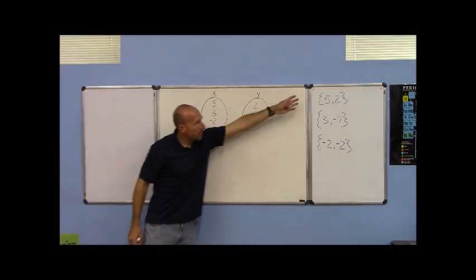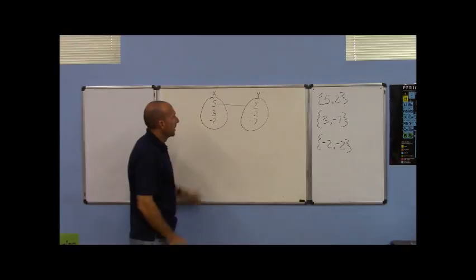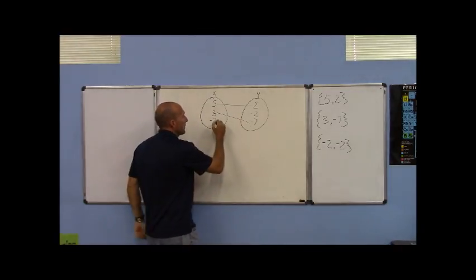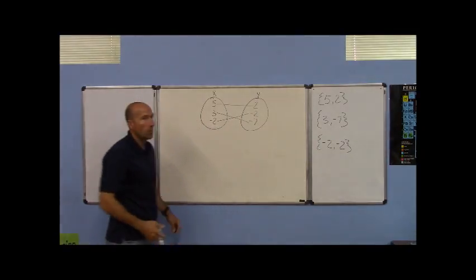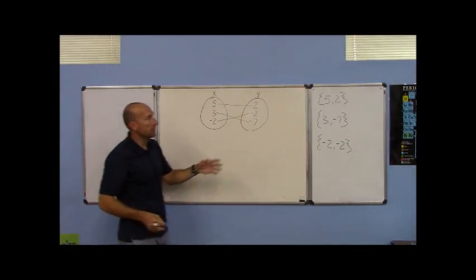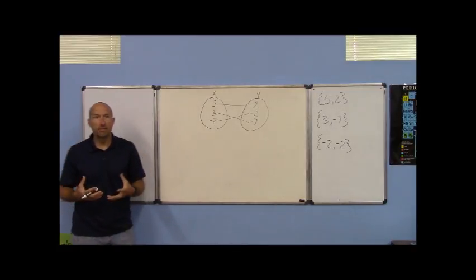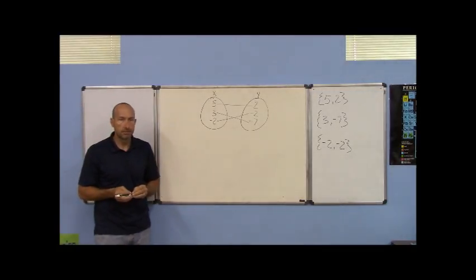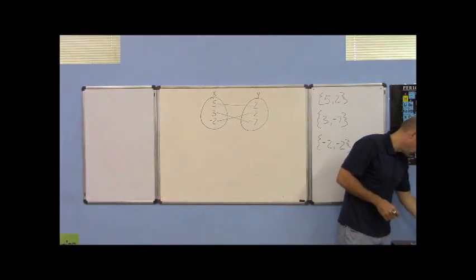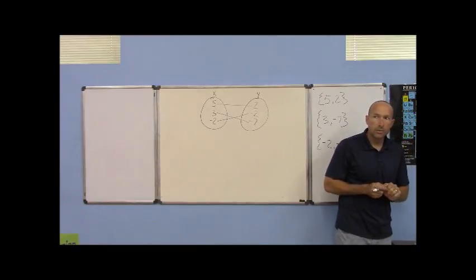Now, as we were given in our list here, the 5 goes to the +2, the 3 goes to the -7, and the -2 goes with the -2. So we can see what kind of relation is taking place between this group of ordered pairs. It's another way of visually being able to see what's taking place. Any questions about that?